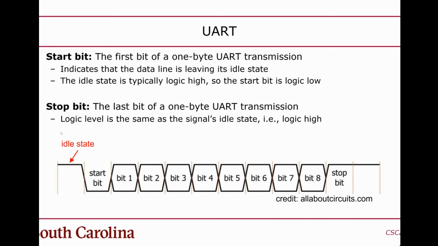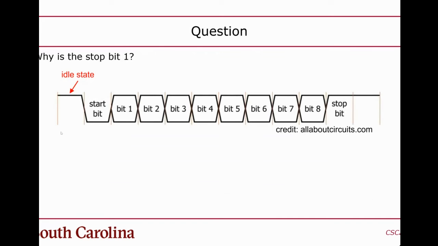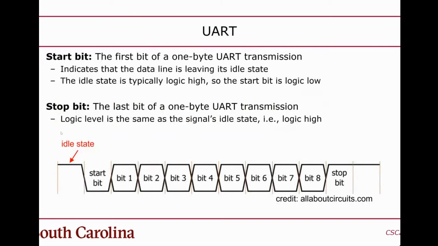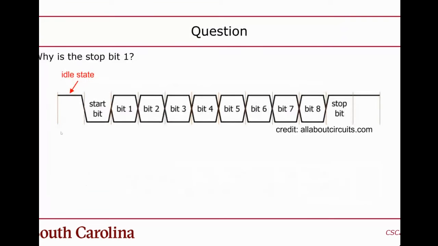So the start bit is setting the channel to logic 0 for 1 bit time, and then the stop bit is the opposite. It's setting the wire to 1 for 1 bit time, and that happens at the end. So the transmission starts with the start bit and ends with the stop bit, and the bits are sent from least significant to most significant.